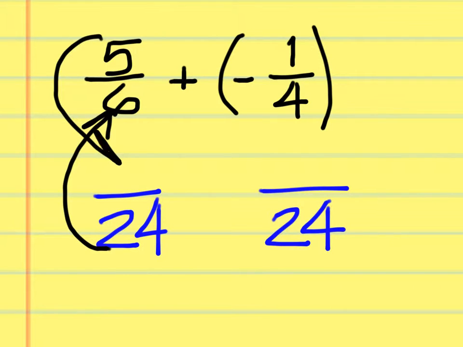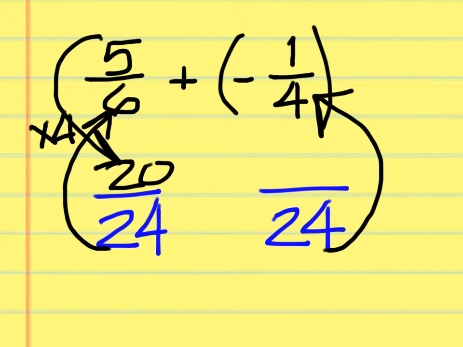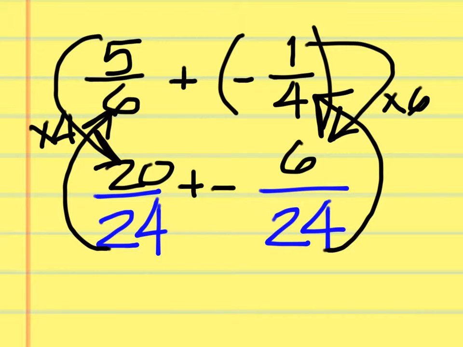So what is 5 times 4? That bell drowned you out, but did you say 20? Yeah, it is 20. 24 divided by 4 is what? 6. So what's 1 times 6? 6. So don't forget the plus and negative in there as well.